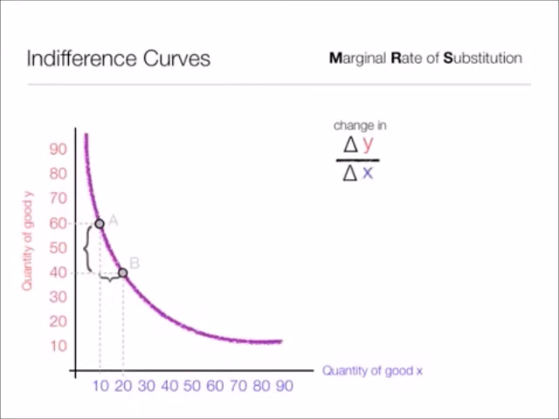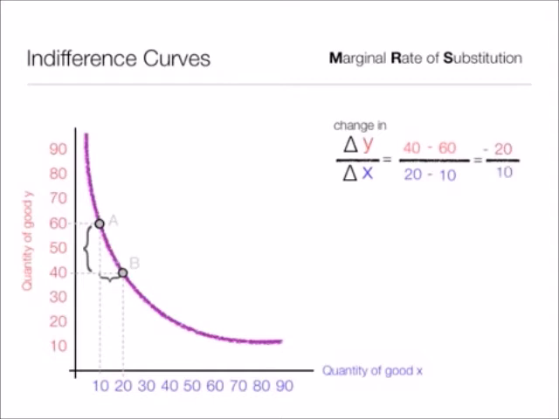So there's change in y divided by the change in x, and this is equal to 40 minus 60 divided by 20 minus 10.